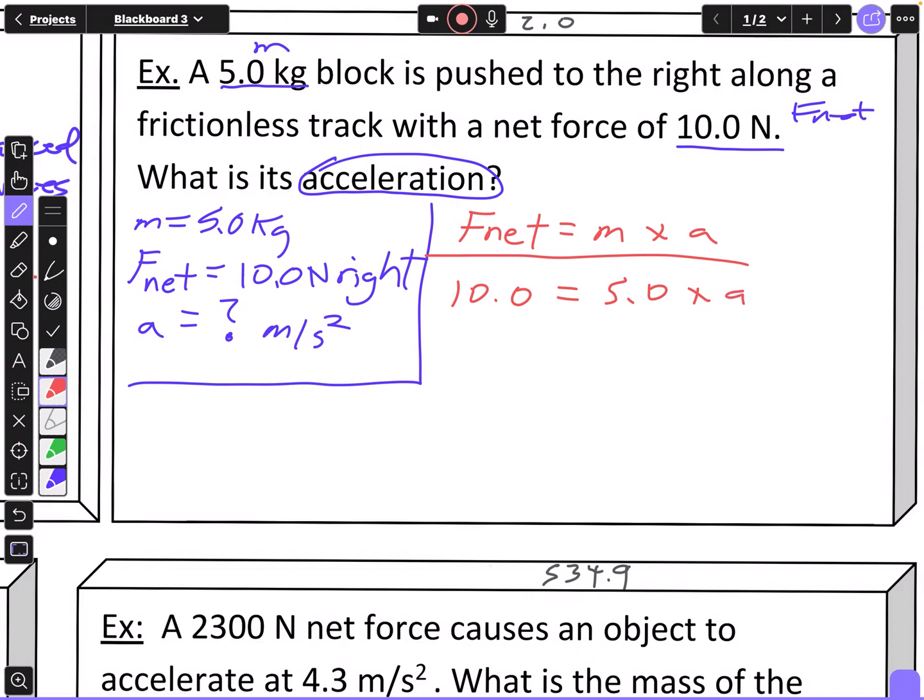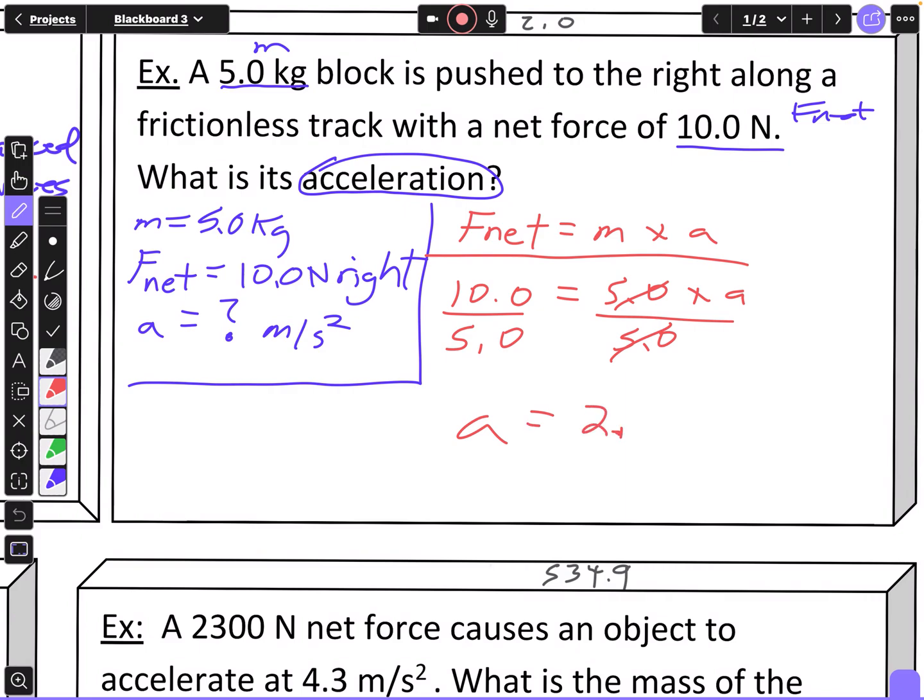At this point, if I want to solve for acceleration, I need to divide both sides by 5.0. That cancels out on that side and this side. Acceleration is going to be equal to 10 divided by 5. And when I punch that into my calculator, it's going to give me 2.0.